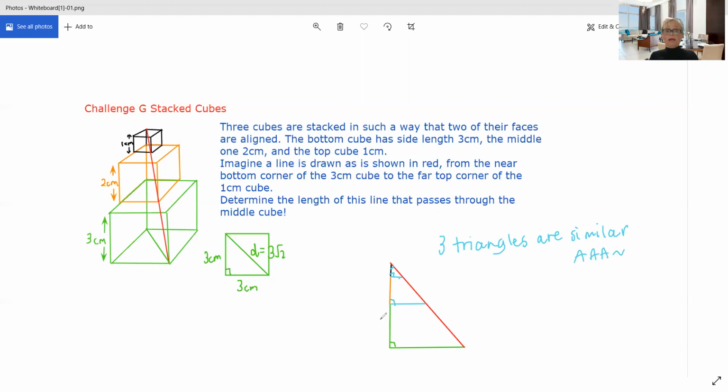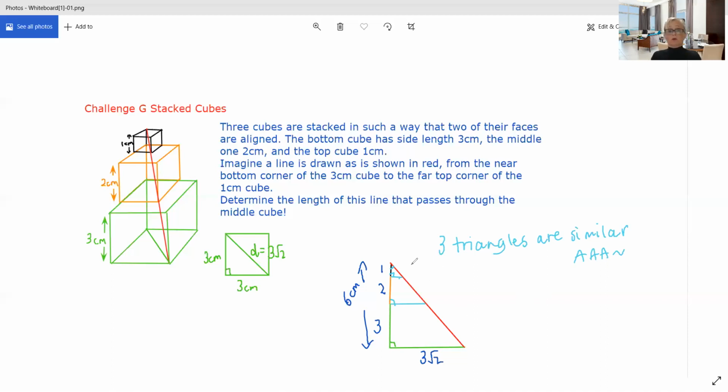Okay, what do we know about our side lengths? Well, we know that we just worked out that this was 3 root 2. We know that this is 3, this is 2, and this is 1. So this total length here will be 6. Just added up those values there. We can work out the total length of this by using Pythagoras again.